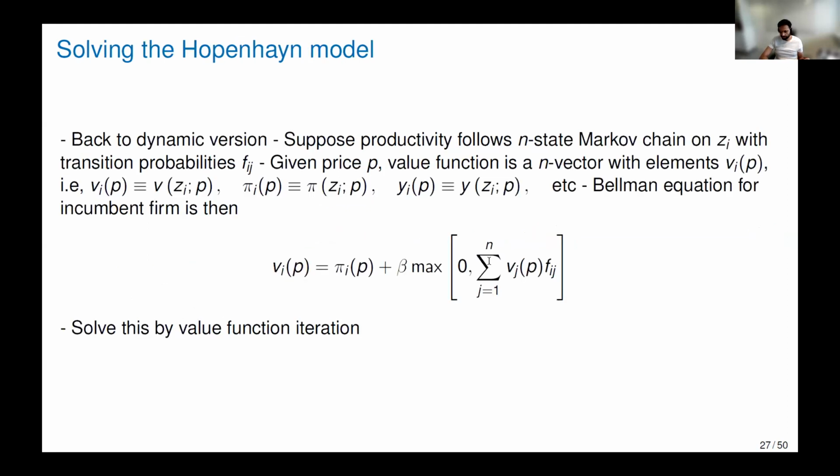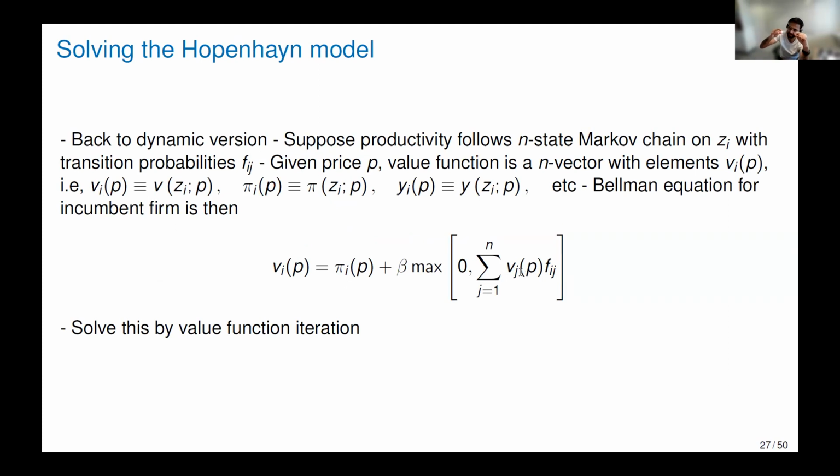So here is how we will actually solve the model. For any firm I, you can write down the profits like this, and the expected value of the continuation value is nothing but the probability of I jumping to J and the value function at that J. Okay, so again, the productivity Z is a Markov process.